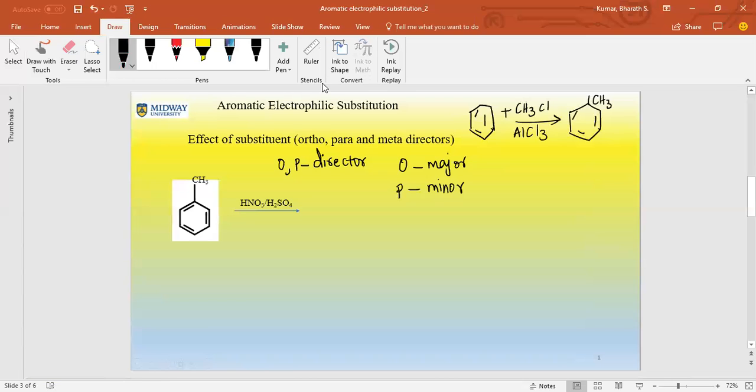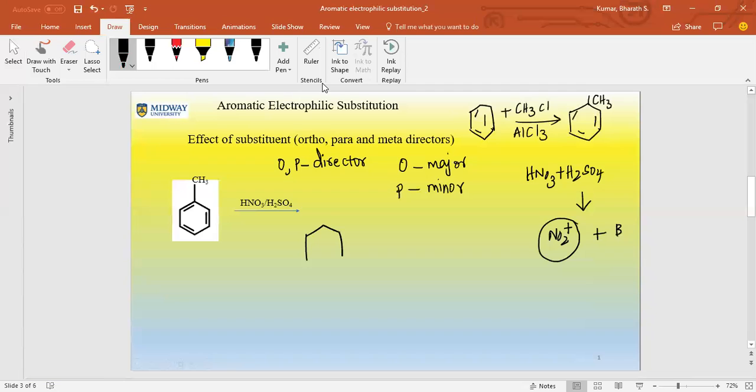So that means the nitric acid and sulfuric acid, if you remember the electrophile reaction, would produce NO2 plus as the major electrophile. That's all you really have to remember. Then you can call the other one just base. So NO2 plus reacts with the benzene ring. Now it can go to the ortho position or the para position.